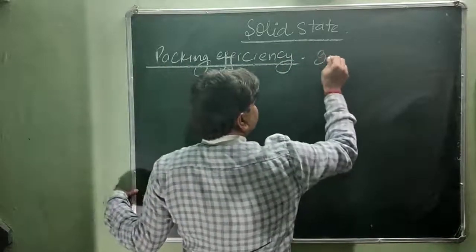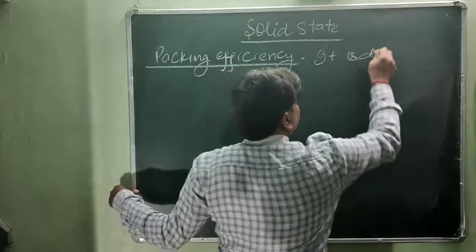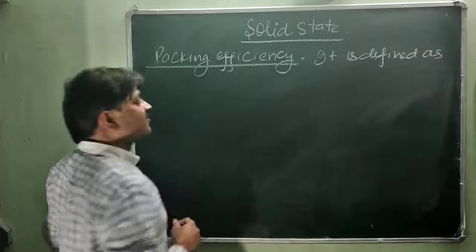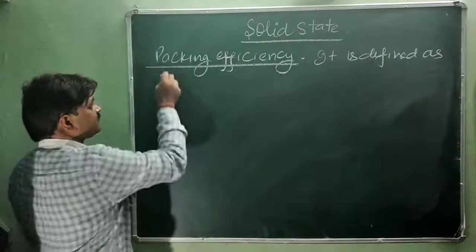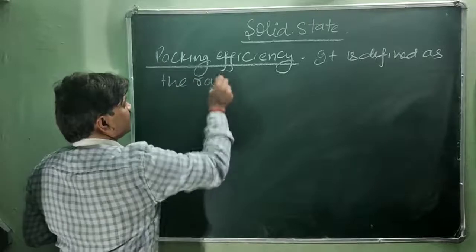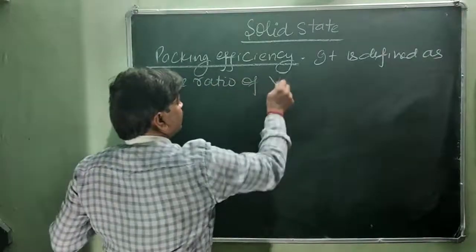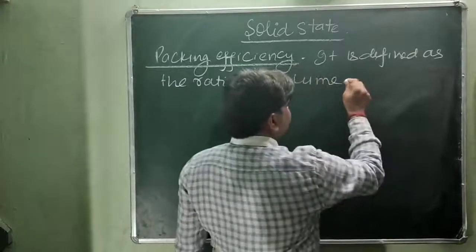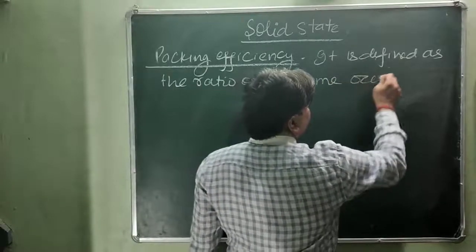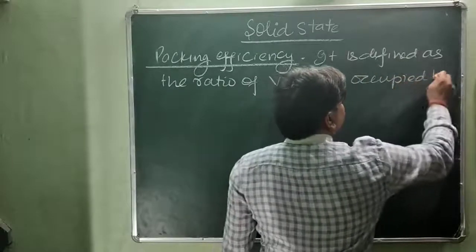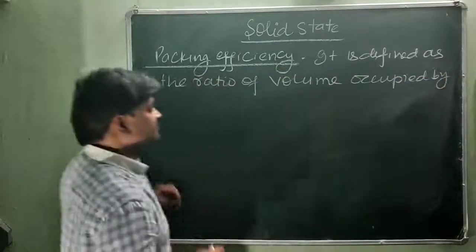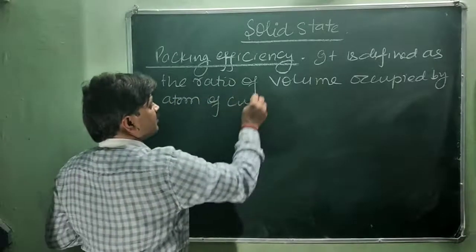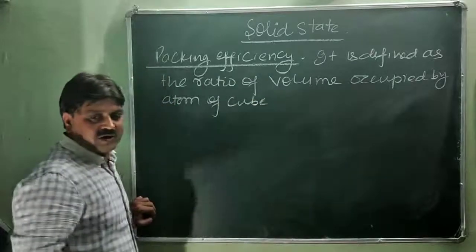It is defined as the ratio of the volume occupied by atoms in the cube and the total volume of the cube.